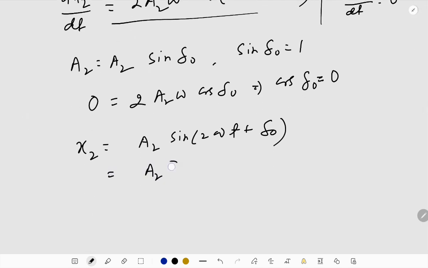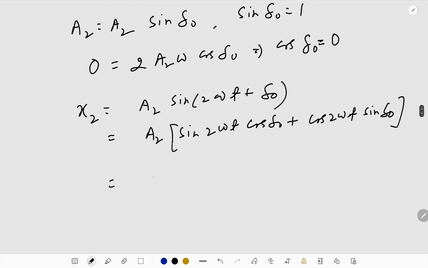So expanding the equation, sine 2 omega t cos delta naught plus cos 2 omega t sine delta naught, and cos delta naught is equal to 0, so this term vanishes, and sine delta naught is 1, so its equation becomes a2 cos 2 omega t.